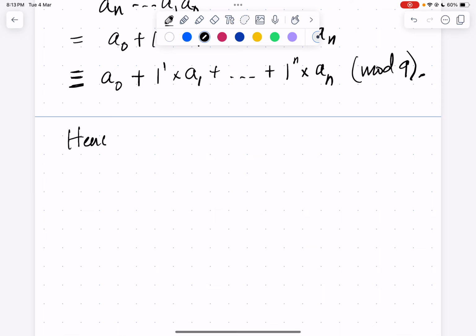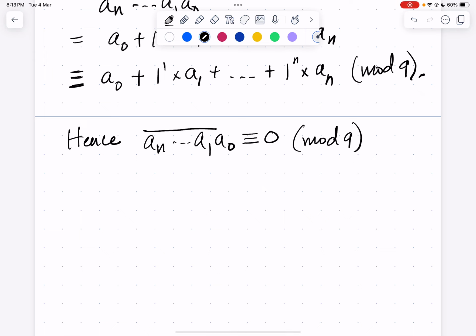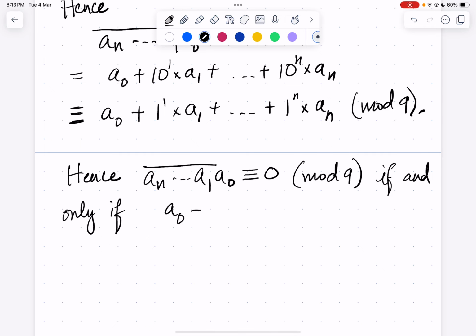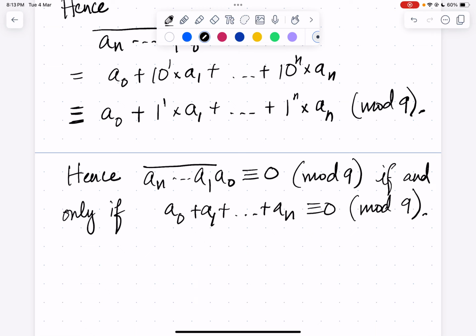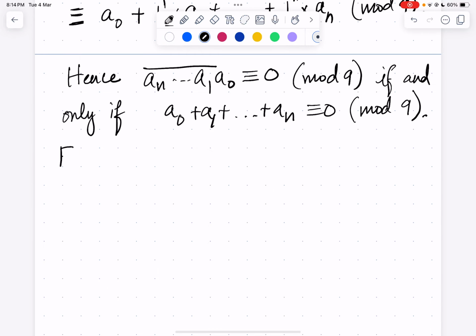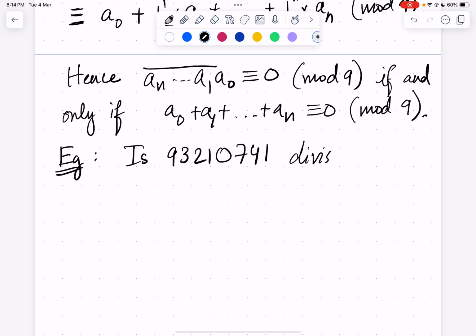Hence this n-digit number is congruent to 0 mod 9 if and only if the sum of digits a0 plus a1 plus so on till an is congruent to 0 mod 9. So we'll look at an example. Is 932100741 divisible by 9?